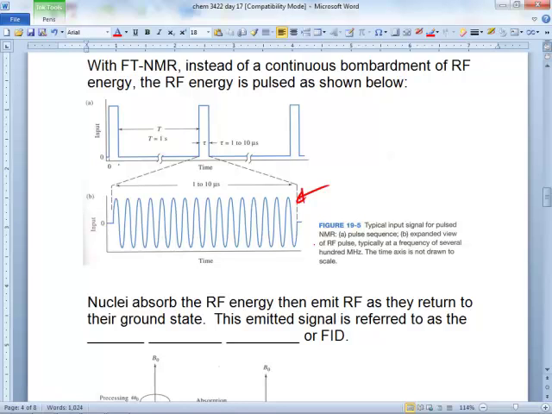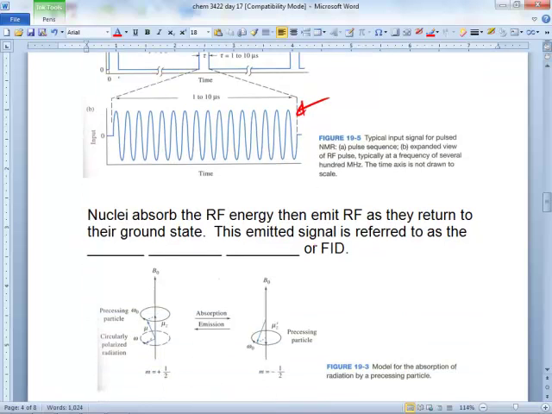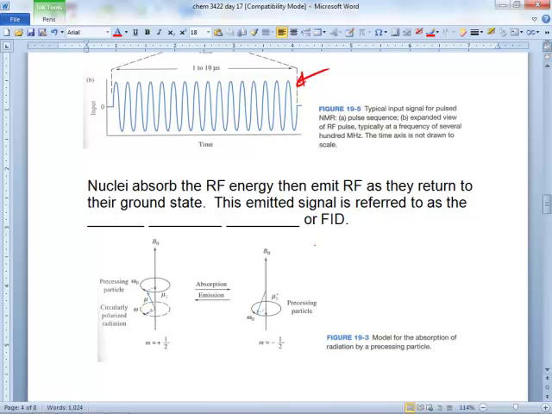Let's see what it's doing with it. Nuclei absorb the RF energy, then emit RF as they return to their ground state. So the nuclei that match that exact frequency will absorb, and then they'll go back to their ground state. This emitted RF energy is referred to as the FID.